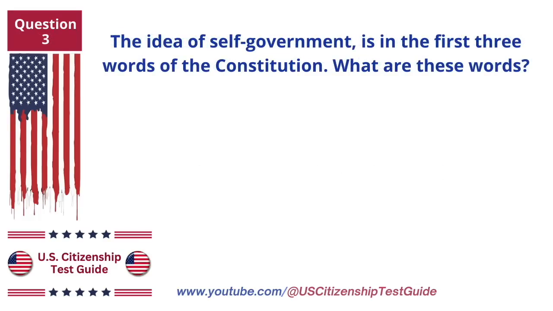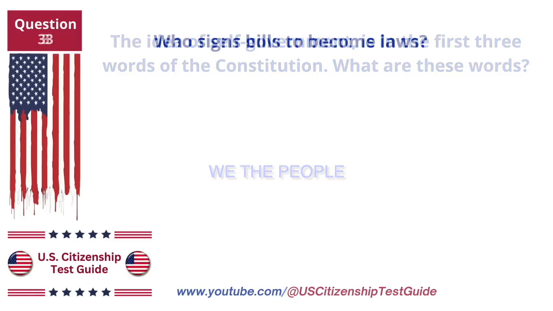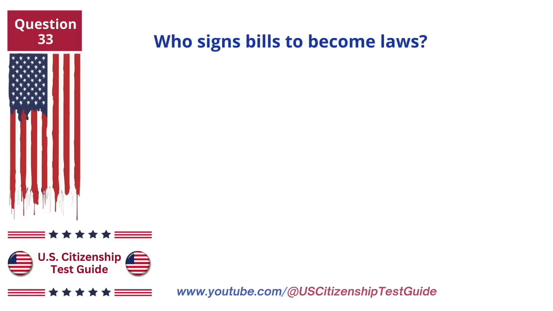The idea of self-government is in the first 3 words of the Constitution. What are these words? We the people. Who signs bills to become laws?